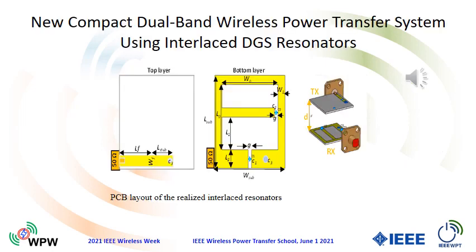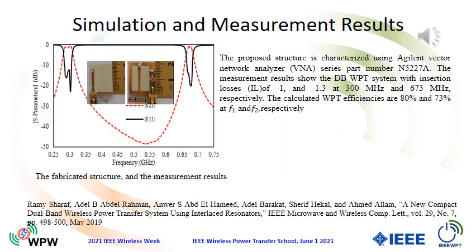A new compact dual-band wireless power transfer system using interlaced defected ground structure resonators is shown in this slide. The proposed structure is characterized using an Agilent Vector Network Analyzer.